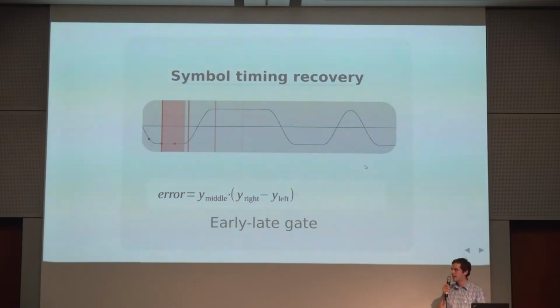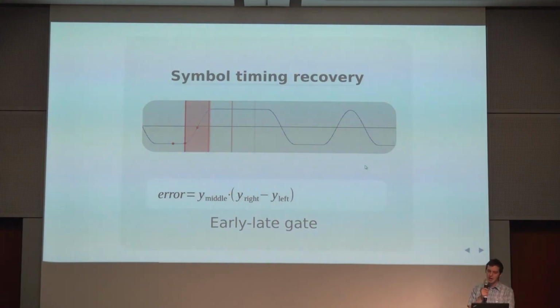So based on the error, we readjust our step, and then we move on to the next symbol, or where we think our next symbol is, and again calculate the error, update the step size again, and again calculate the error, update the step size. We always sample in the middle, so that will be the sample that we use to decide which symbol we have, 0 or 1.